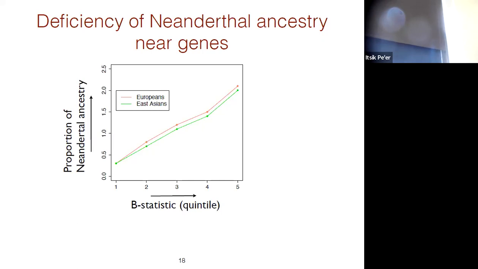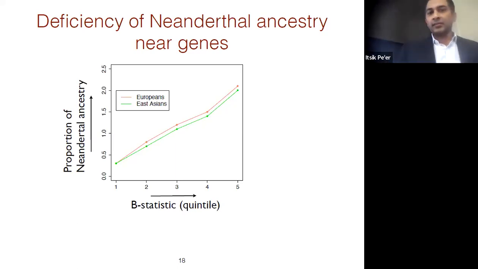As we move from regions of high B statistic, which are neutrally evolving, to regions of low B statistic, which are under selective constraint, we find that the proportion of Neanderthal ancestry is decreasing both in Europeans and in East Asians. So this is consistent with purifying selection acting on introgressed ancestry.